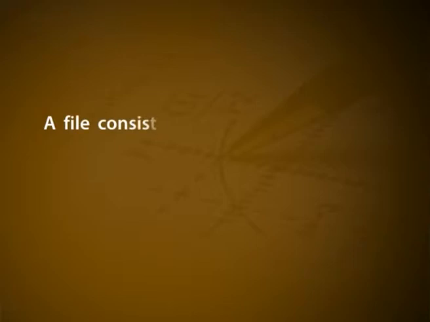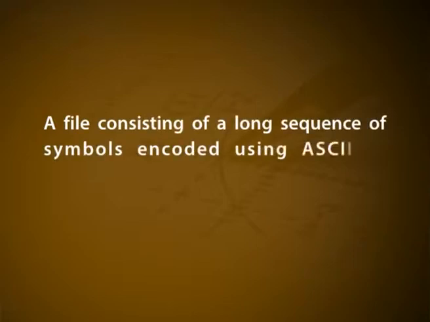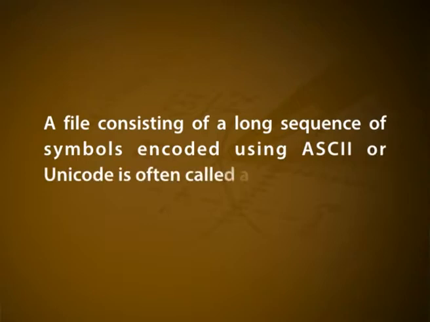A file consisting of a long sequence of symbols encoded using ASCII or Unicode is often called a text file. It is important to distinguish between simple text files that are manipulated by utility programs called text editors and the more elaborate files produced by word processors. Both consist of textual material.